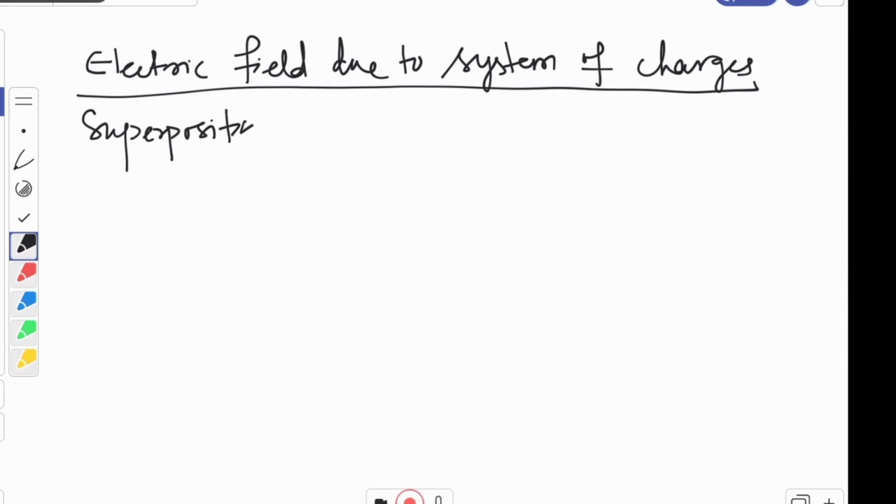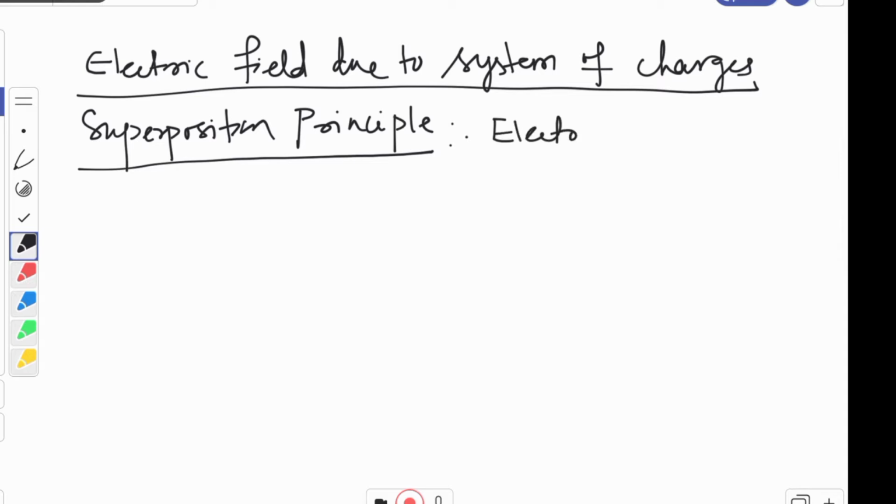Using the superposition principle, we can find out the electric field intensity at a point due to charge distribution.